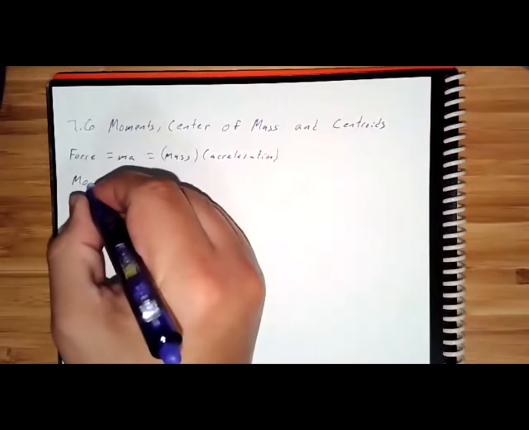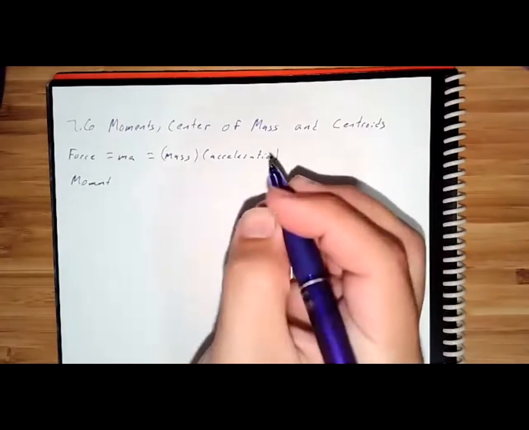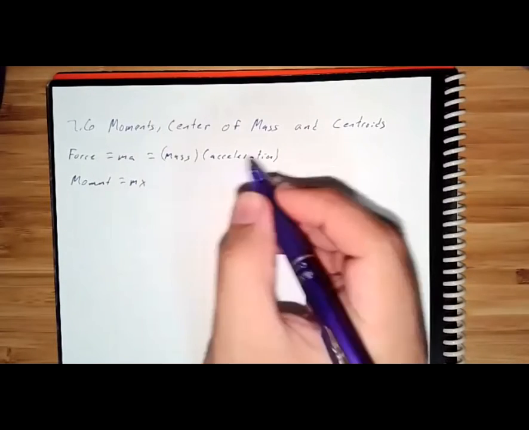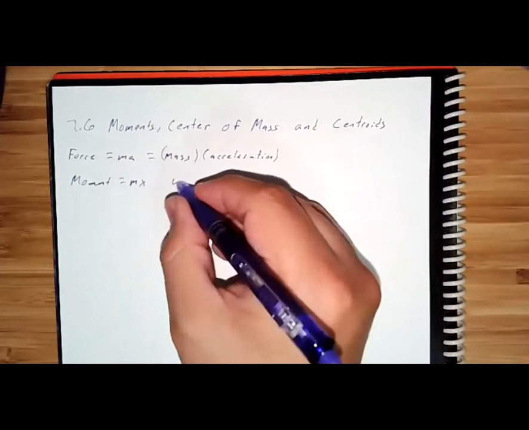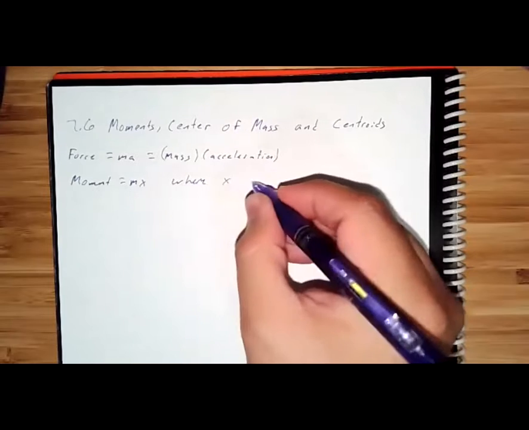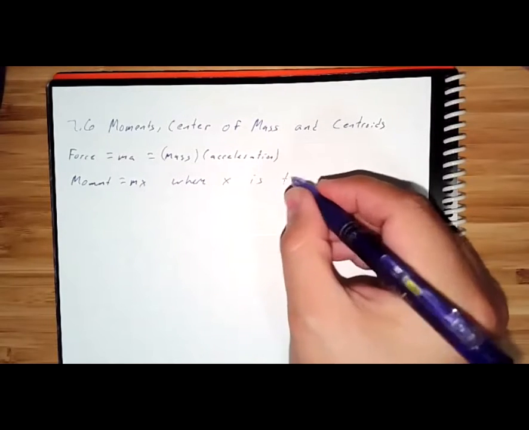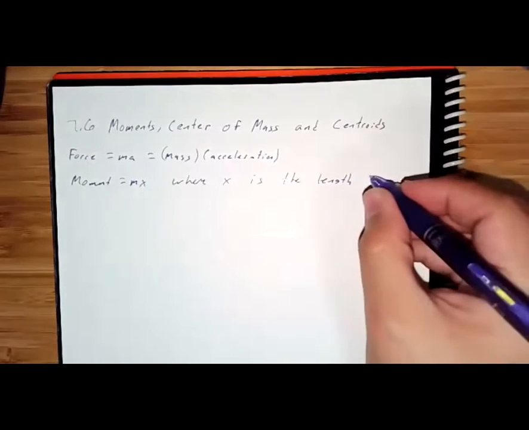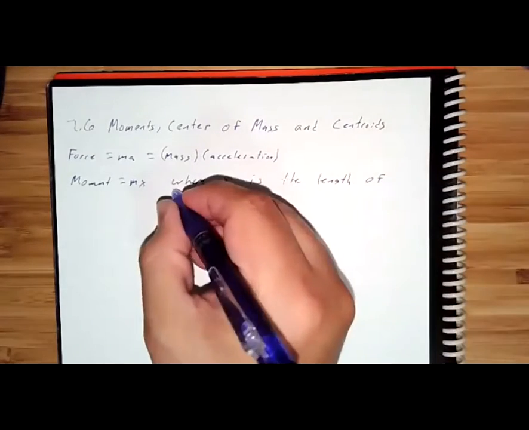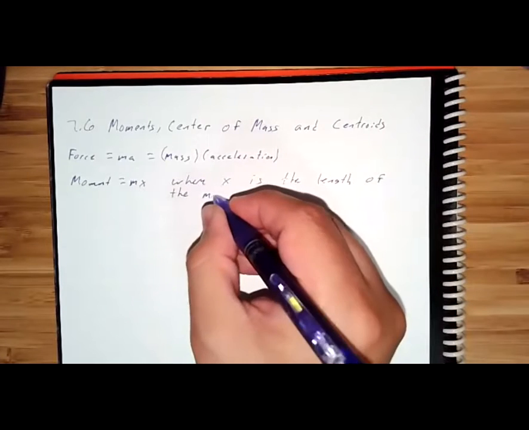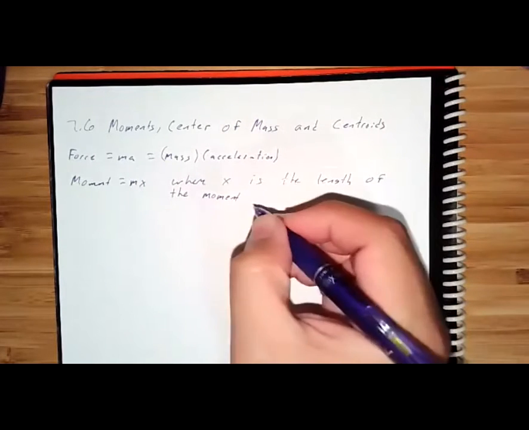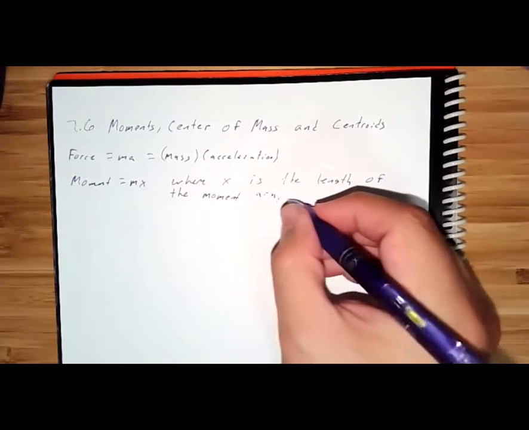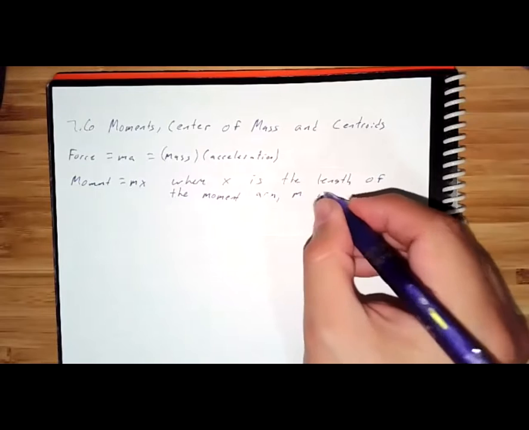Moment is basically m times x, where x is the length of the moment arm, and m is the mass.